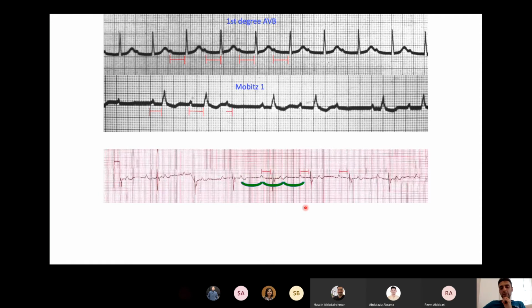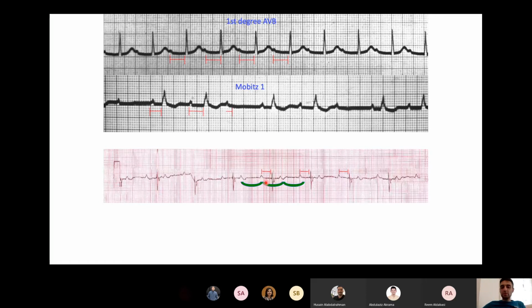So every other P wave is dropped, and the P that conducts has a fixed PR interval. So this PR interval is similar to this PR interval, similar to this PR interval. Sometimes this PR interval, by the way, could be normal, but sometimes a little bit on the longer side. So it doesn't have to be abnormal, but even if it's normal, you'll definitely see more P waves than QRSs, and you think of AV block.